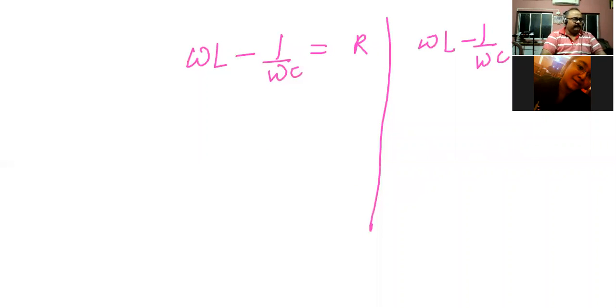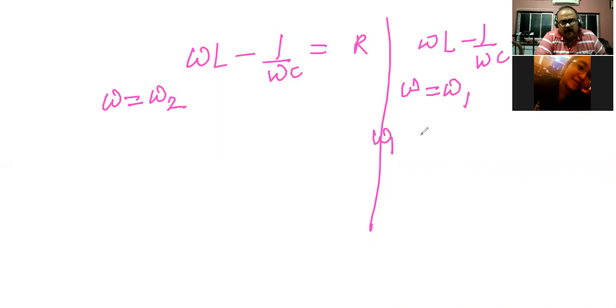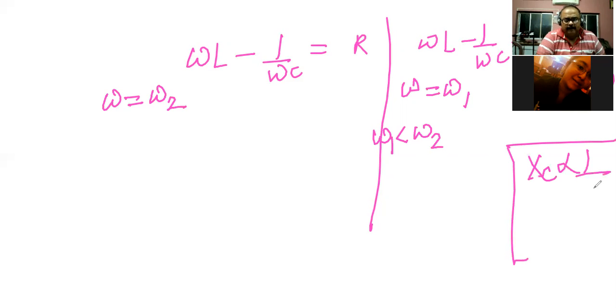Now try to understand this, children. Omega equal to omega 1 and omega equal to omega 2 are the two values we have taken. And since omega 1 is less than omega 2, under this condition XL will be less than XC, because you have already seen that the lesser the value of omega, the more the capacitive reactance, because capacitive reactance is inversely proportional to omega and inductive reactance is directly proportional to omega.